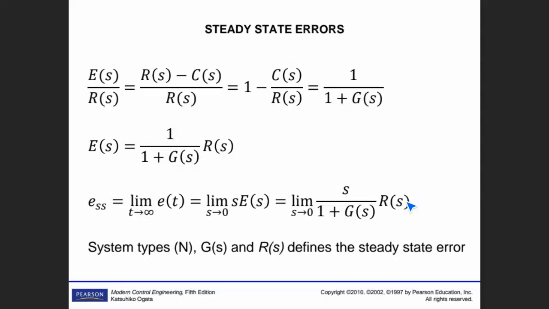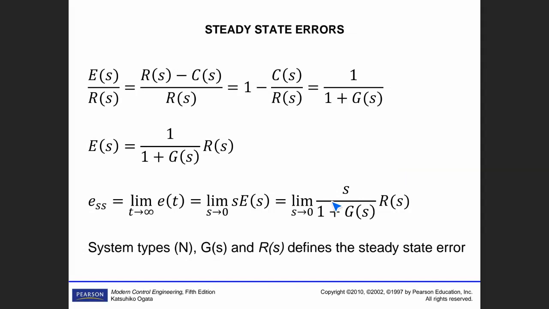Of course, R(s) might be, you tell me, step, R(s) might be ramp, R(s) might be parabolic. Okay. So of course your steady state error should obey the behavior of R(s). R(s) is important.